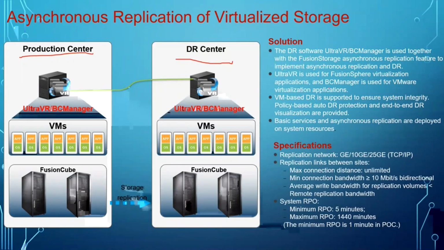You must have replication software to replicate your VMs from the production site to the DR site. In case of a disaster, you can power on your machines from the DR site. So Huawei is providing UltraVR and DC Manager.